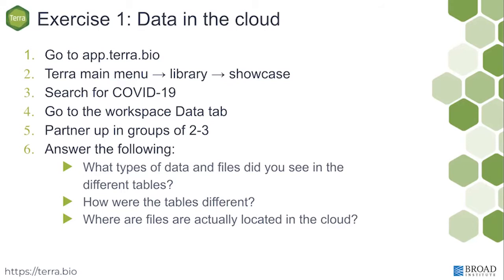Yeah, I heard FastQ, did you say statistics as well? QC. Oh, QC statistics, yeah. Anything else that anyone wants to call out? Okay. Reference data as well. Yeah. That you can store or link to in Terra.